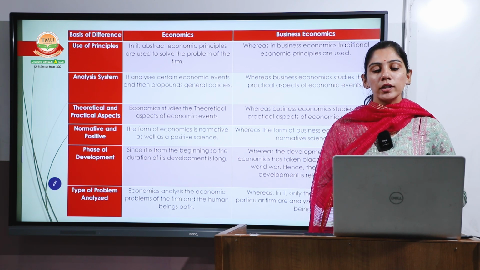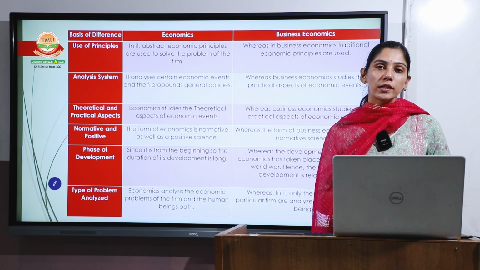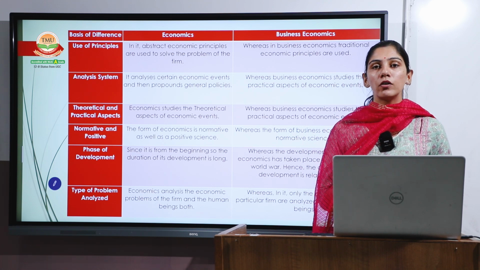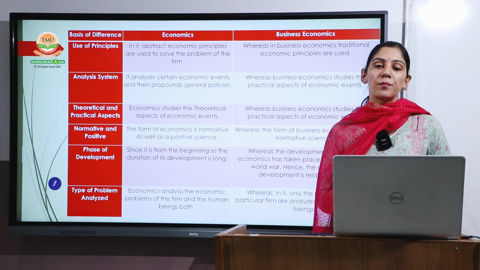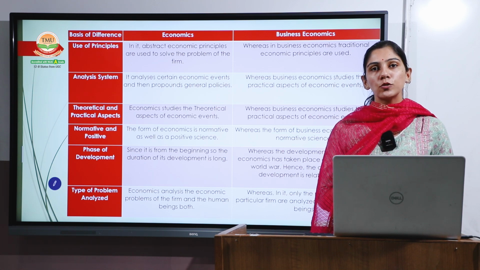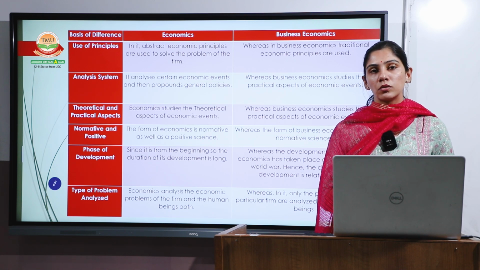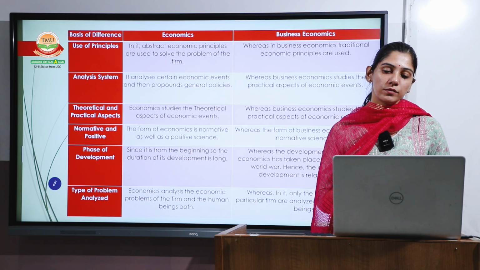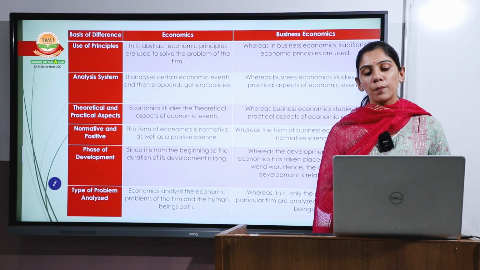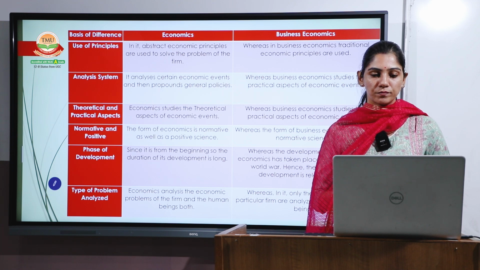Next point is theoretical and practical aspect. Economics studies the theoretical aspect of economic events, whereas business economics studies the practical aspect of economic events. Next point, normative and positive. In economics there are two forms, normative and positive. Business economics is only a normative science.